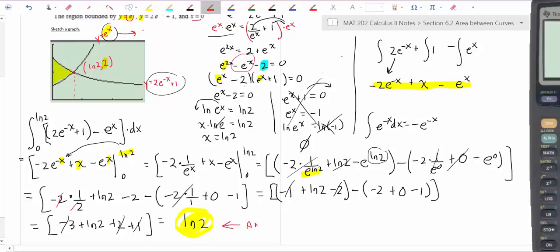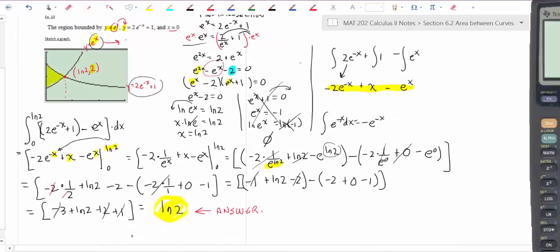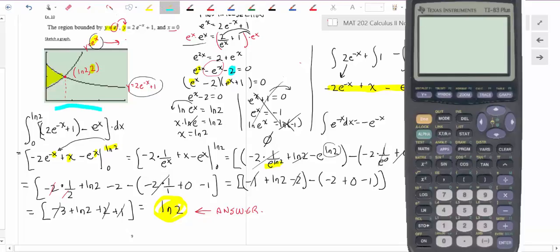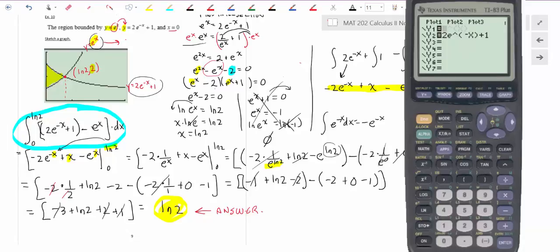Okay, and that one could be checked and verified pretty easily with a calculator. Since it is a dx integral, we should be able to easily do that. If you want to check this on a calculator, go back to the integral that we're evaluating. This is the integral that we just got through doing that finds the area under the curve. What you'd want to do is graph this.